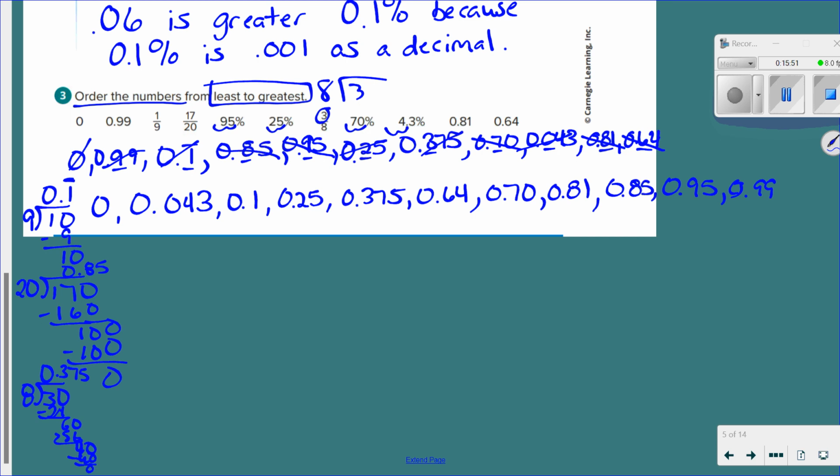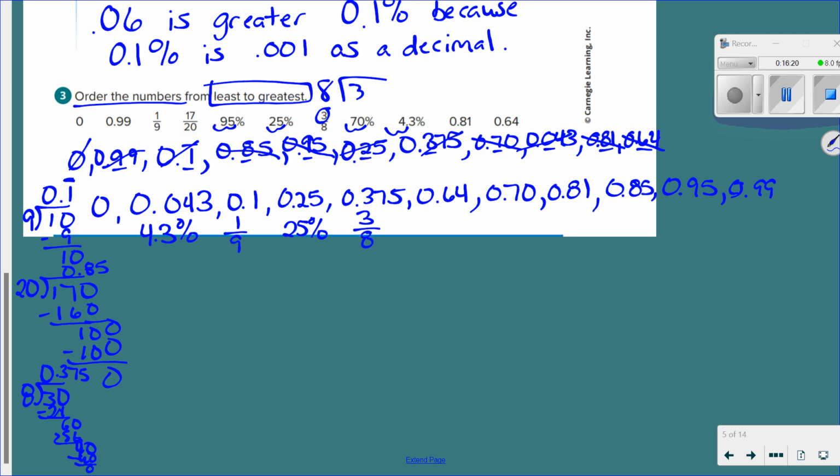Hello? No. All right, so I'm going to go back and put what they started out as on each of them. So this is 4.3, what it started with, percent. 1/9, 25%, 3/8.